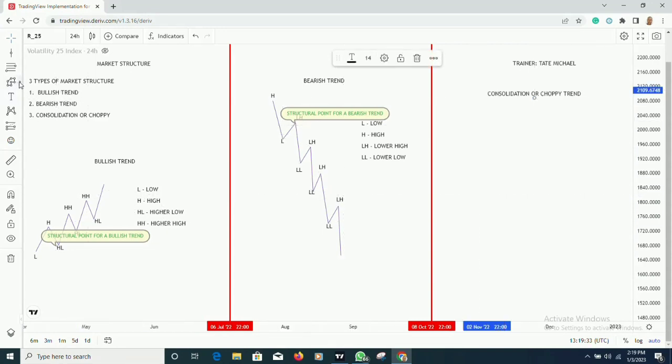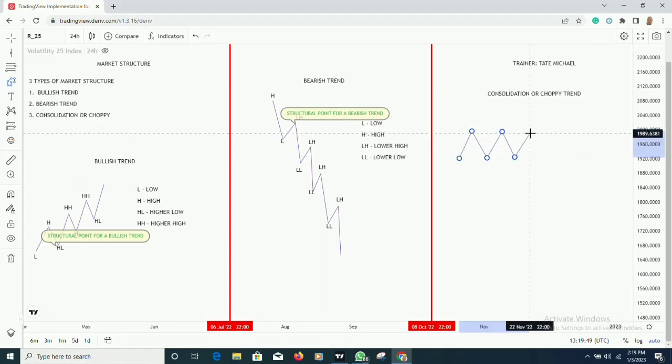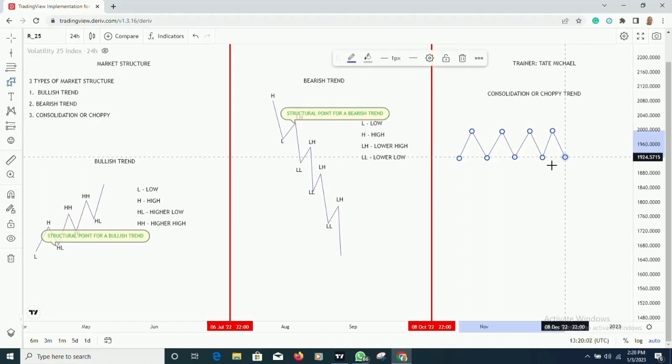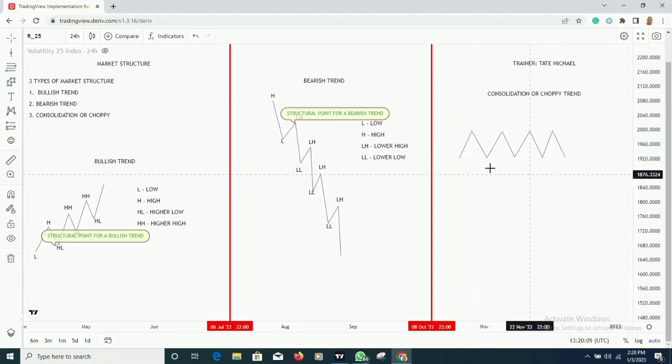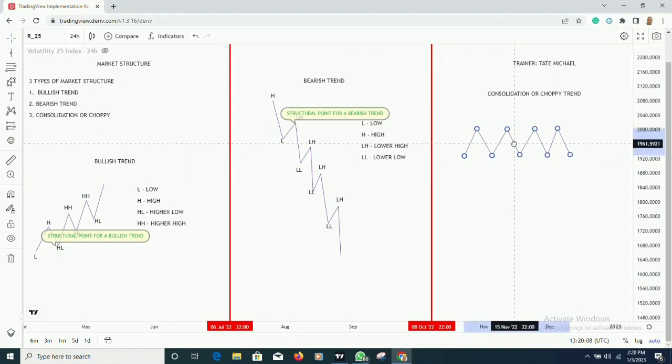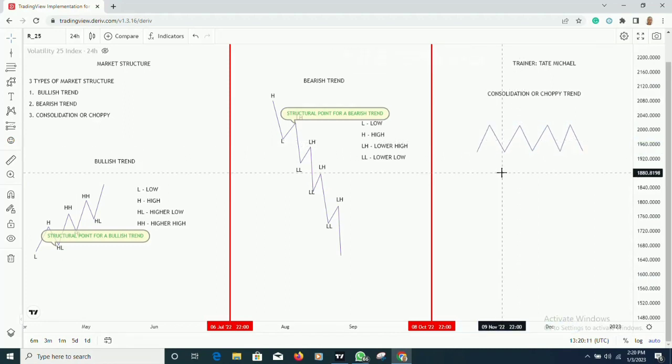When you see the market doing something like this, something like this, something like this, when you see the market moving this way, we say this is a choppy or consolidation market.